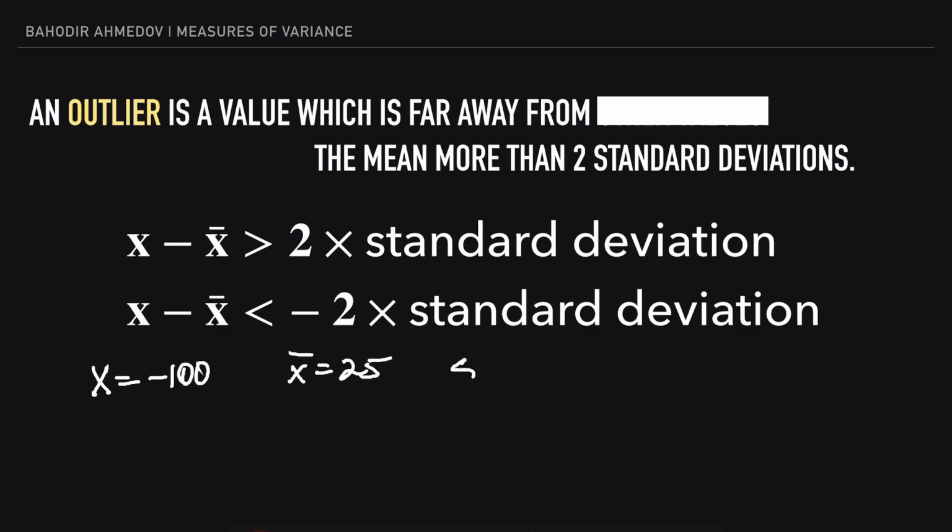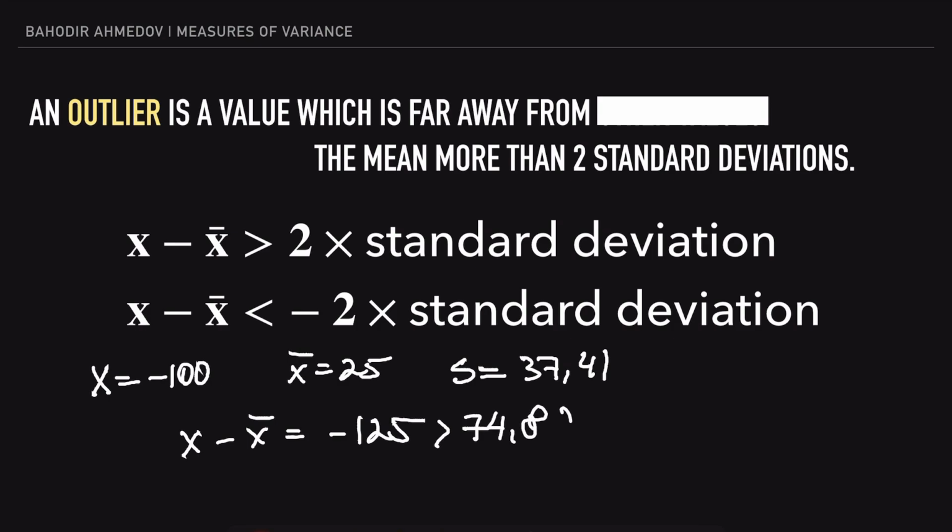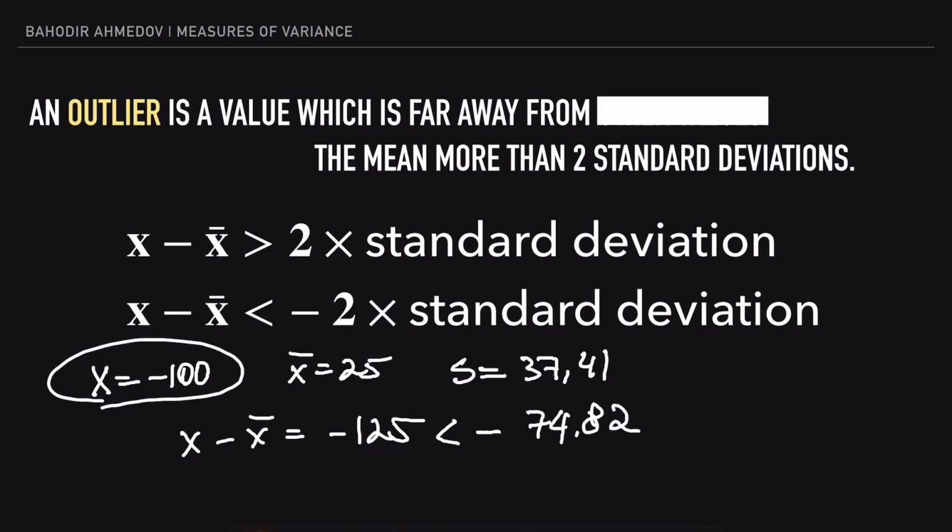And the standard deviation is equal to 37.41. Then the difference, x minus x bar, is going to be equal to minus 125, which is obviously less than minus 2 times the standard deviation, which is minus 74.82. So that is why this point x, which is minus 100, is called an outlier.